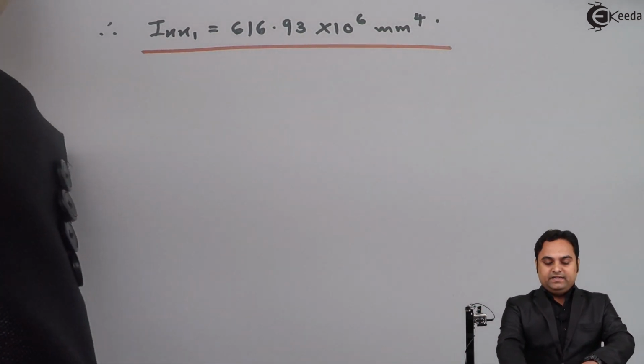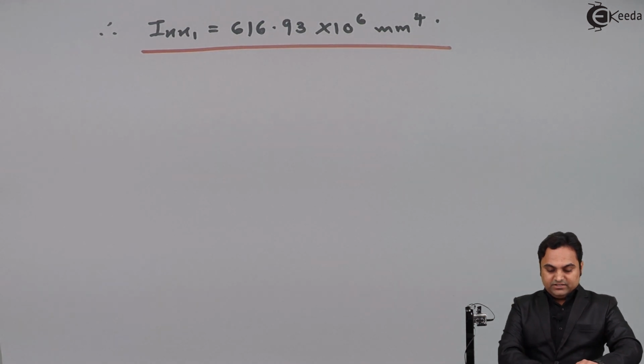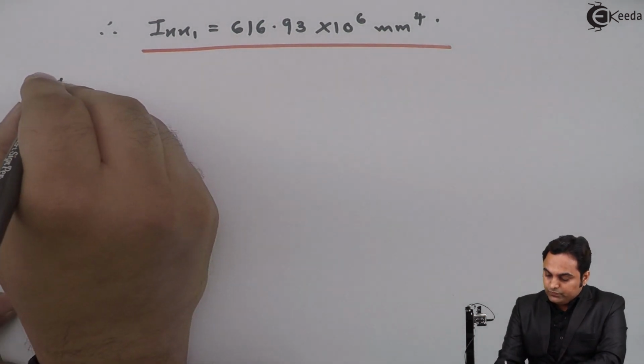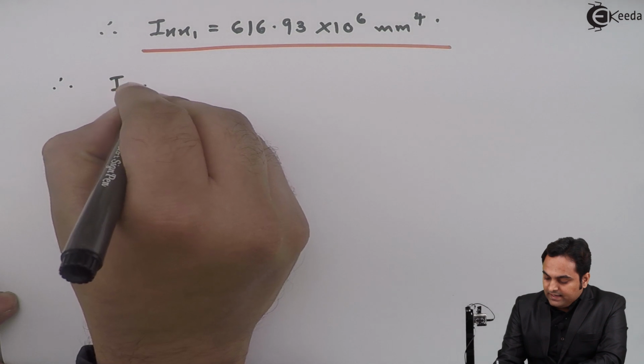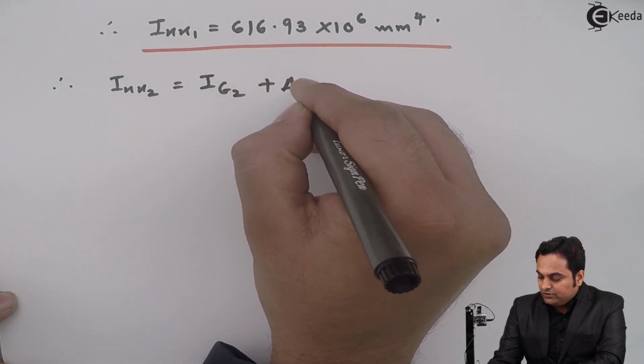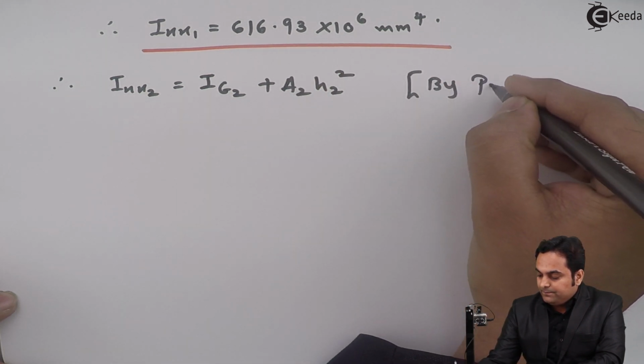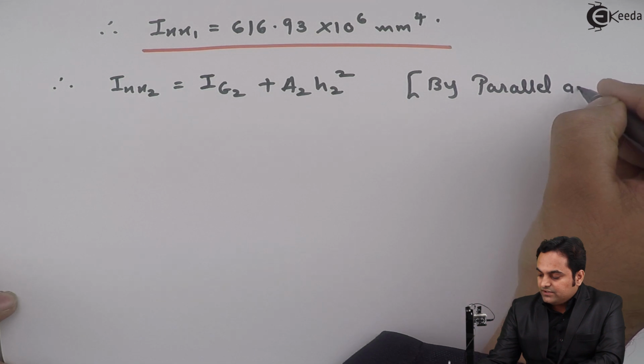Now after getting Ixx1, I have to calculate Ixx2 here. So therefore Ixx2 is also Ig2 plus area 2 into h2 square, again by the parallel axis theorem.